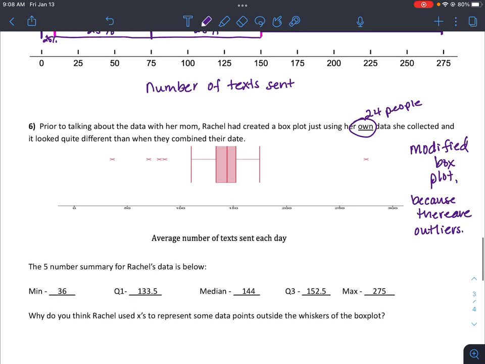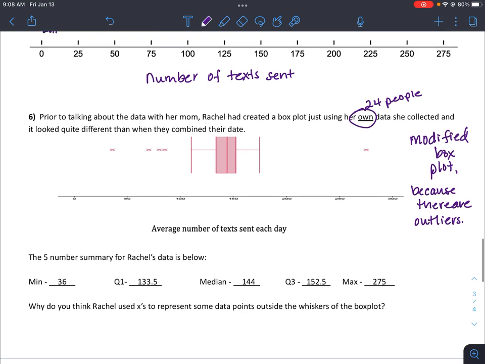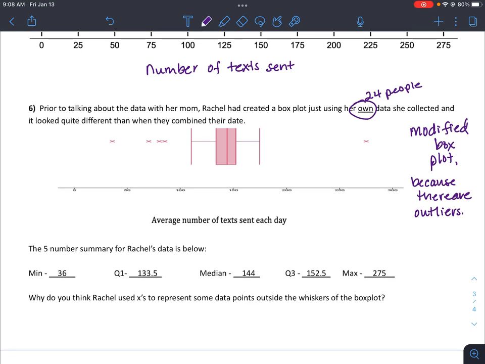All right, so the Q1 to Q3, the median, and this is going to look a lot different here. Okay, this time it said the minimum was 36, the max was 275. So this is just for Rachel, one person. The median is 144 of her data.